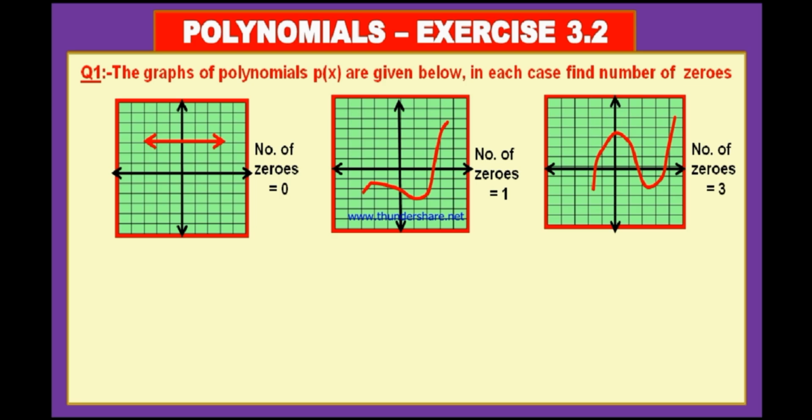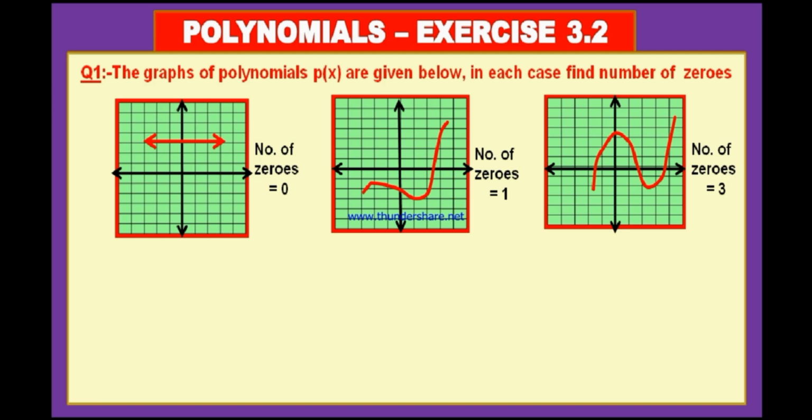Please keep in mind, whatever the graph given, in order to find the number of zeros of the given polynomial, we have to verify at how many points the given graph is intersecting the x-axis. The number of intersecting points is equal to the number of zeros. Why is it so?